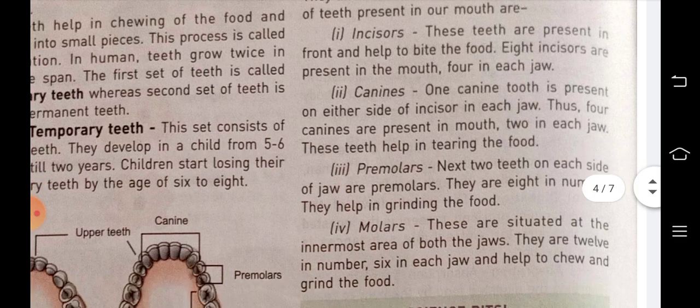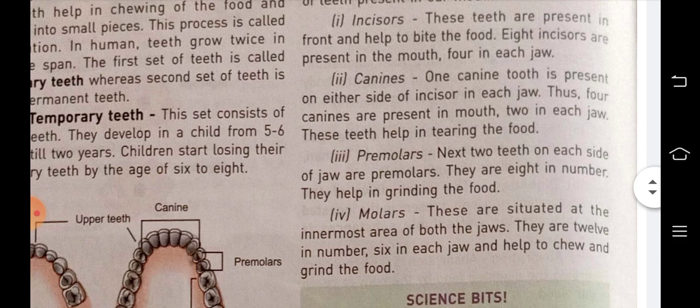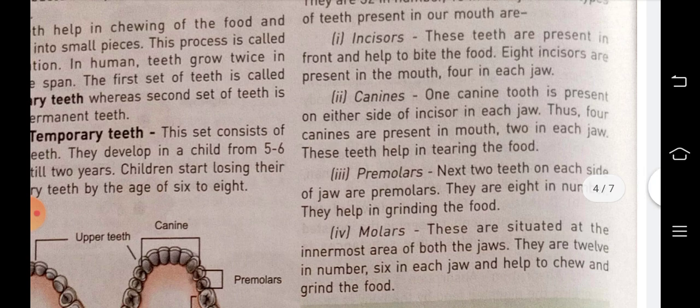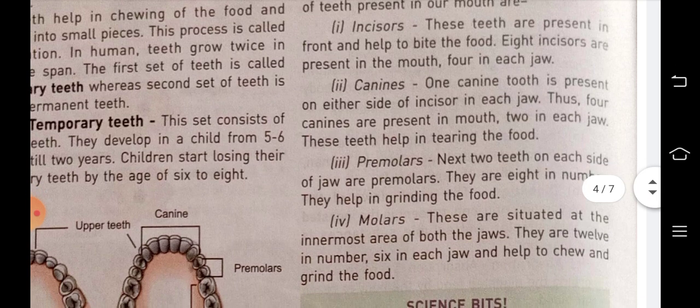Four types of teeth are there: incisor, canines, premolar, and molars. First is incisor. These teeth are present in front and help to bite the food. 8 incisors are present in the mouth, 4 in each jaw. Upper jaw 4 and lower jaw 4.